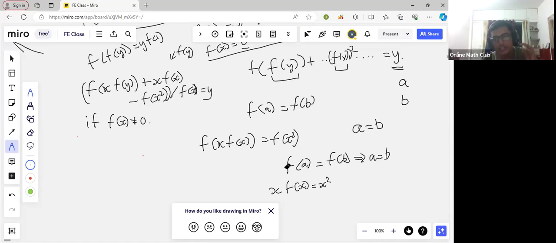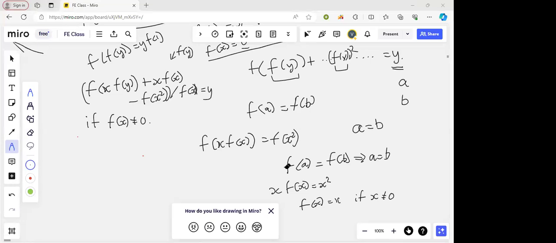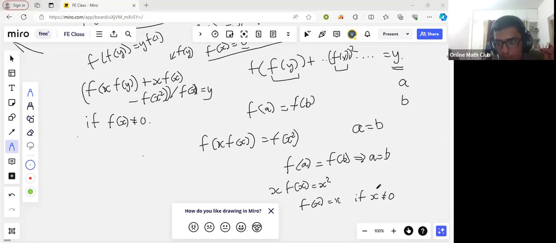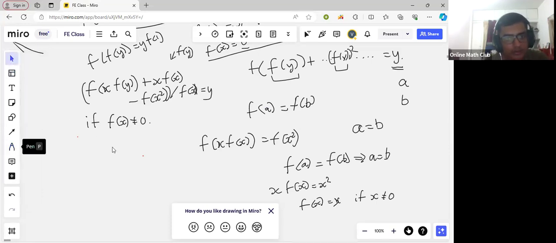And so we'd get that f of x equals x if x is non-zero. Is this clear? Yeah. So if we have injectivity, we'll be almost done. And I think you already proved that f of 0 is 0 as well. So if we knew injectivity, we'd be done.